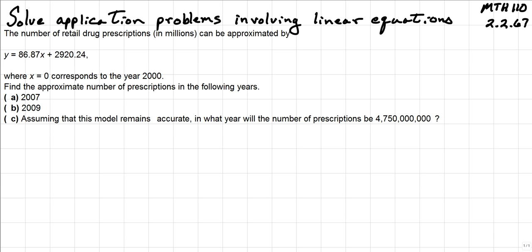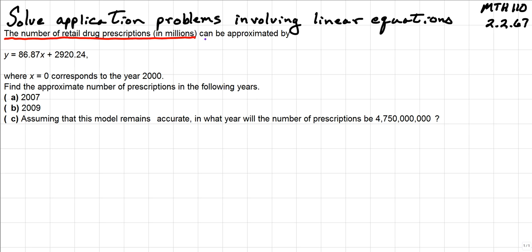Alright, the first thing that we want to do when we start out with this particular problem is understand exactly what it's asking. So when you read these sort of problems, you want to start from the beginning, and this is the number of retail drug prescriptions in millions. So already we're saying that there is a certain number of drug prescriptions out there.